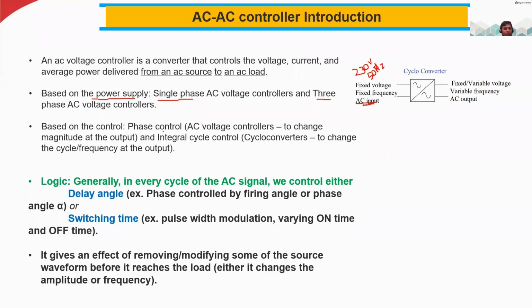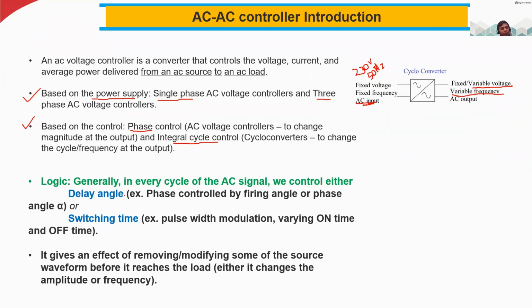Here we are changing only the magnitude at the output, so we get the variable voltage at the output. And the other type is called integral cycle control, which changes the frequency. So two major types: one is we are controlling the phase angle, another one is we are controlling the cycle or frequency. So these are the two major types of AC to AC controller.